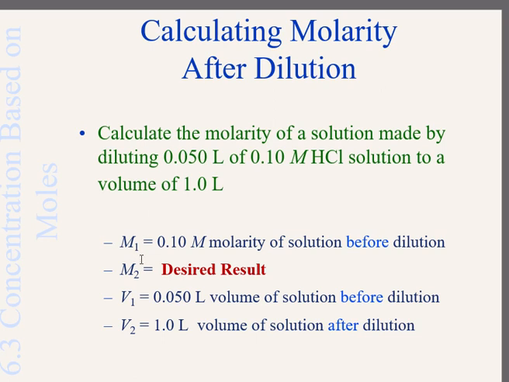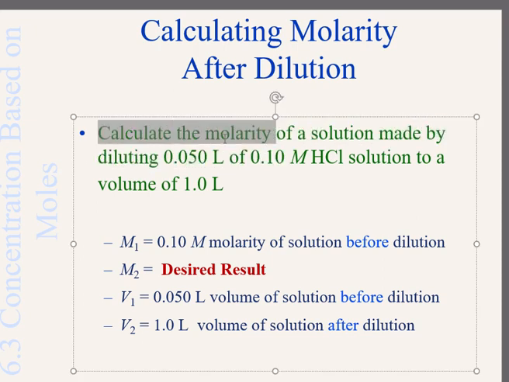We must not confuse the two and assume that the molarity given here is that of our dilute solution. For that we need to read the question carefully. Calculate the molarity of the solution made by diluting a certain volume of 0.10 molar HCl solution.